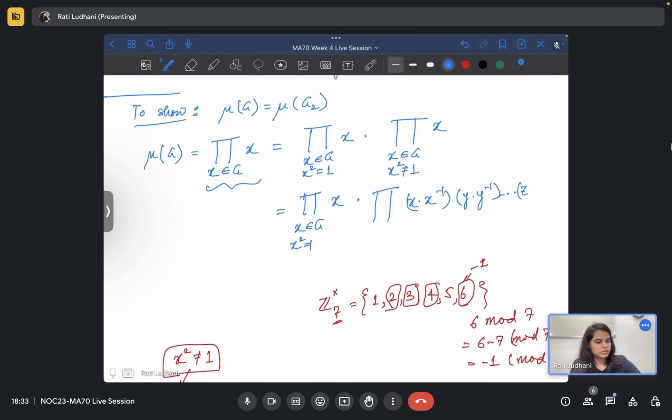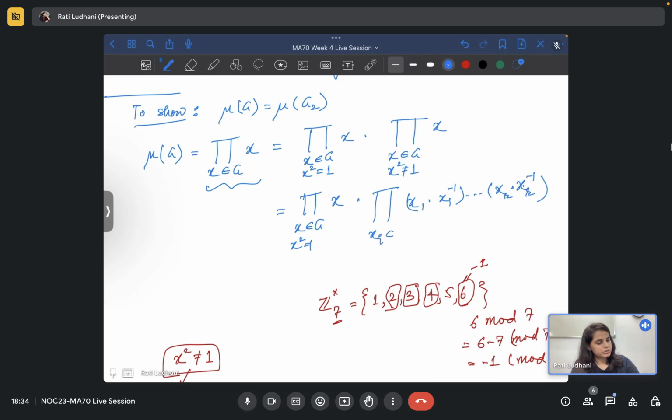Again, I write x1 into x1 inverse. This is a finite product, and it will stop somewhere.